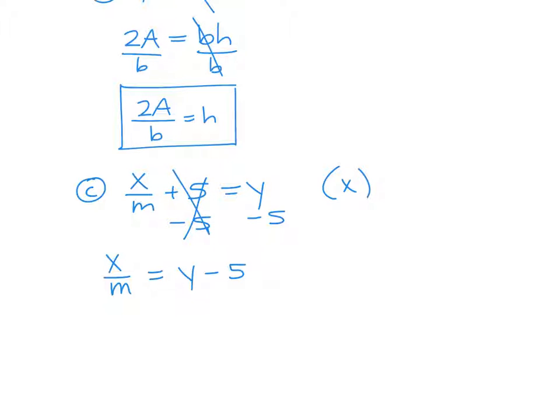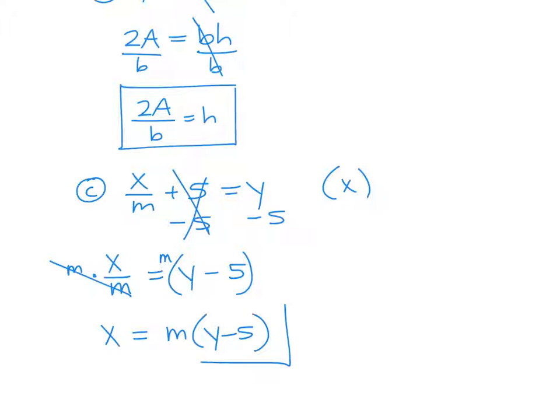We want to solve for x. What do we do? Multiply by m. So here's where you have to be a little bit careful. I multiply by m here. When I multiply by m on this side, I can't just stick the m in front of the y. I have to use parentheses. Okay? So this is gone, x equals m times (y minus 5).